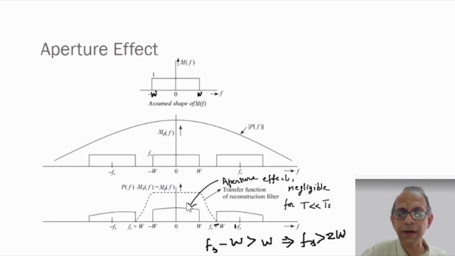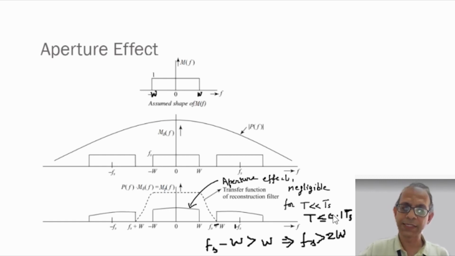This is a drawback of flat top sampling. However, this aperture effect is negligible if the pulse duration T is much smaller than the sampling interval Ts. As a rule of thumb, if T is less than or equal to 0.1 times Ts, that is 1/10 of the sampling interval, the aperture effect is almost negligible, and what we recover is almost the same as the original message signal.